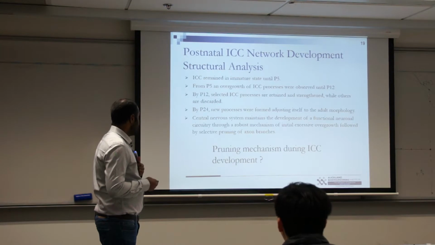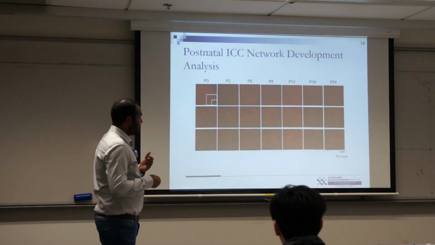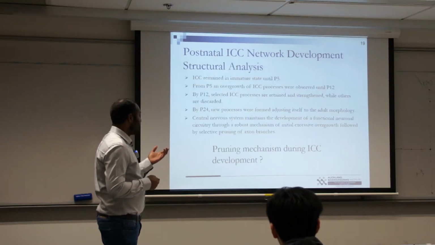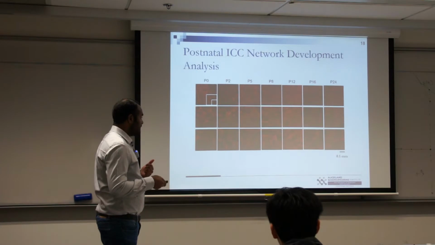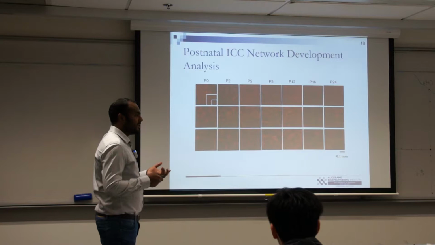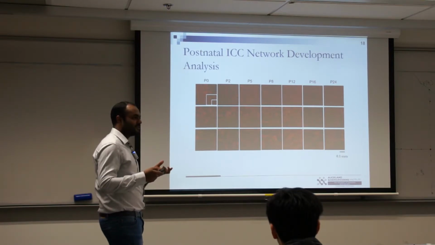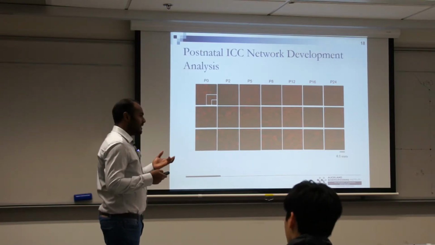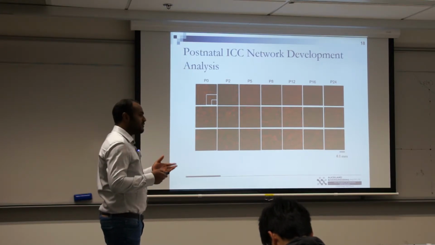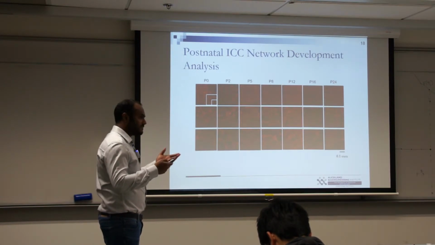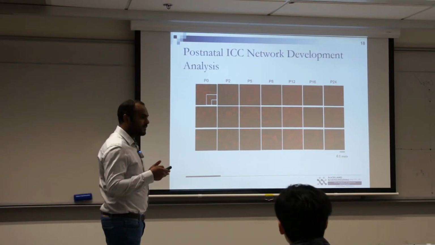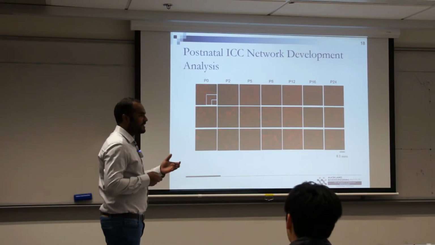Then by P12, some selected ICCs are retained and strengthened while others are discarded. This is assumed to be a pruning mechanism, similar to the central nervous system axons. They first make the processes larger, and then do a selective removal of some of the processes to get an efficient structure.